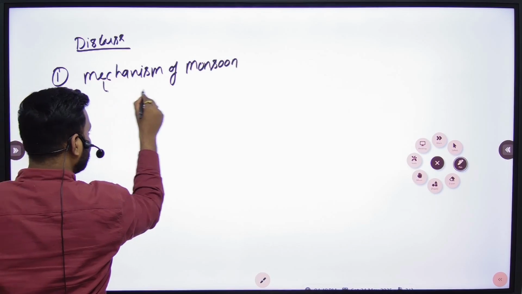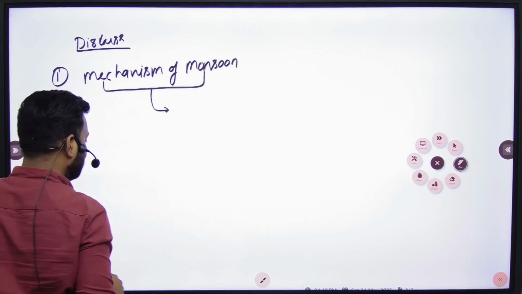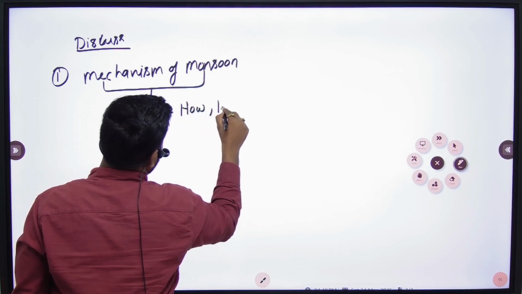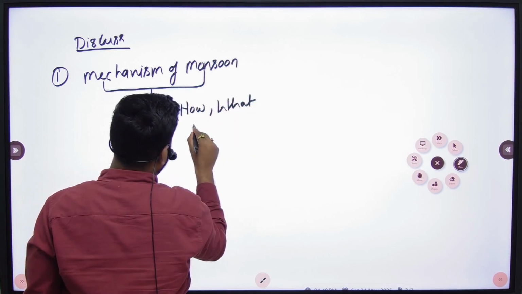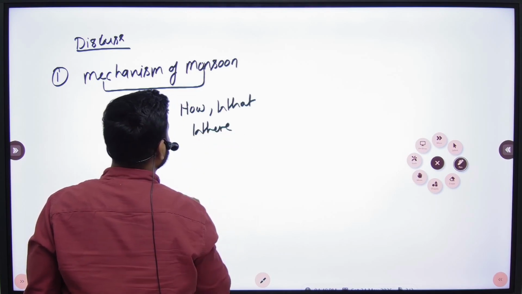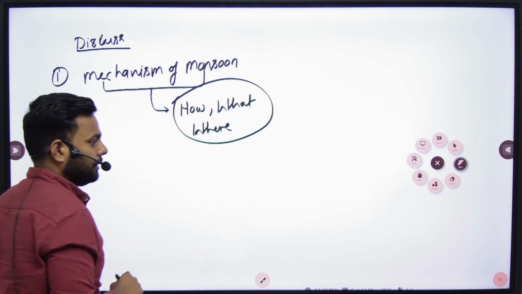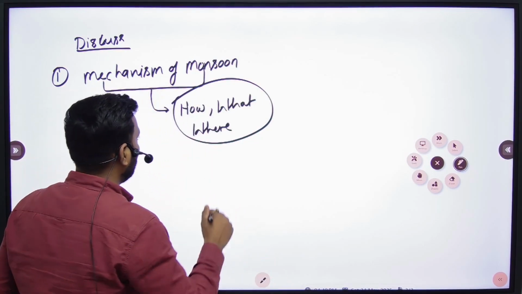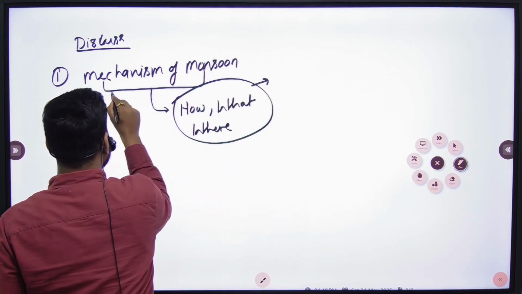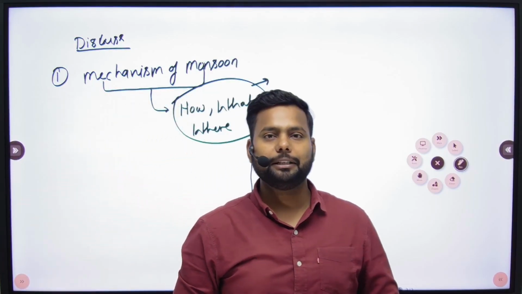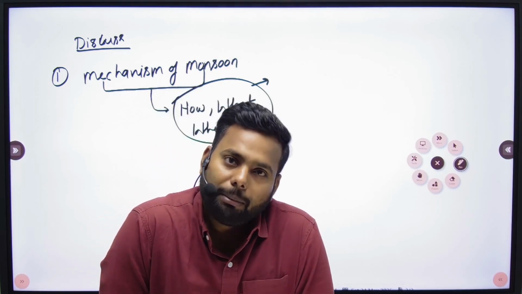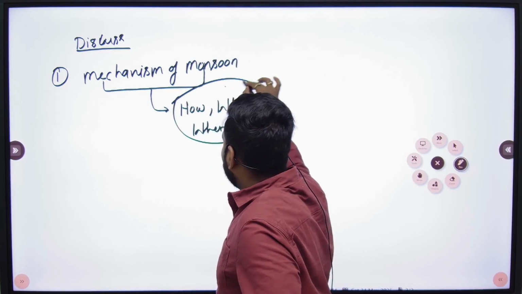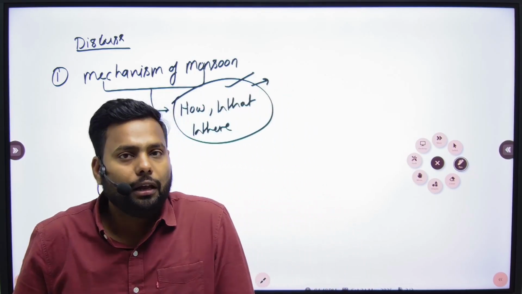The mechanism of monsoon simply means how, what, where. It means how the rainfall comes, where the rainfall comes, and what is monsoon. So whenever we use the term mechanism of monsoon, we try to simplify where, how, and what are the places where the rainfall comes.